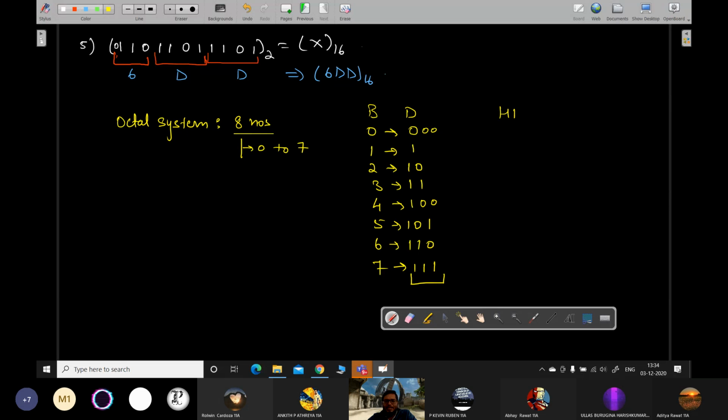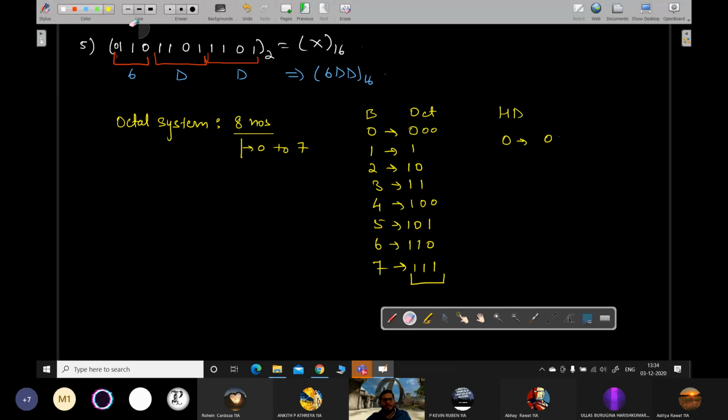Similarly, for hexadecimal, the minimum number is 0 which can be written as 0000. Sorry, I wrote this wrong. I should have written this is in binary and this is in octal. Okay.